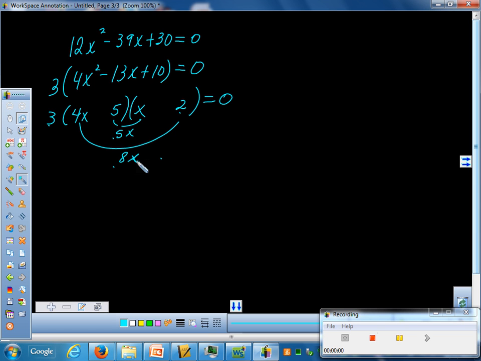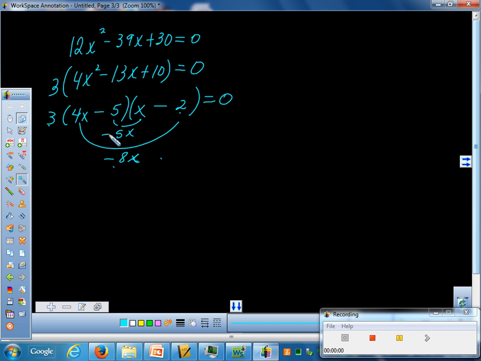Because in this case, if that's a positive 10 on the back, what do you know about the signs? Yeah, they're either both positives or both negatives. So how do you know which one? If there's a plus in the back, you look to the one in the front, and that'll tell you they're both negatives, because we end up with a negative 13. So negative 8 and negative 5 makes negative 13 in the middle.